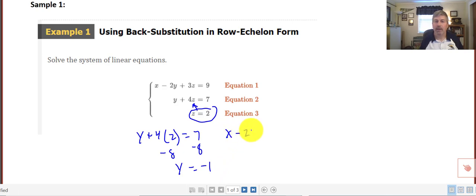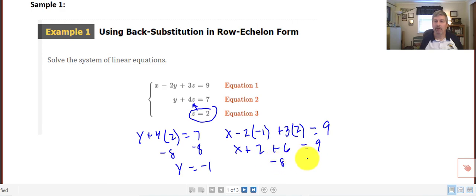So x minus 2y plus 3z, which is a 2, is equal to 9. So we have x plus 2 plus 6 equals 9. We subtract 8 from both sides, and we get x equals 1.